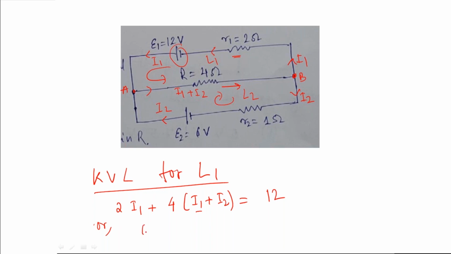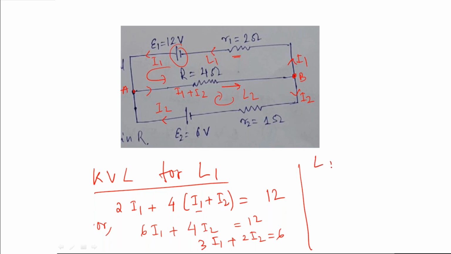See, this is the cell and current is flowing out from the positive terminal. So I can write simply 12. So if I simplify a little bit, I get 6 I1 plus 4 I2 is equal to 12. Upon further simplification, what I can write is 3 I1 plus 2 I2 is equal to 6.